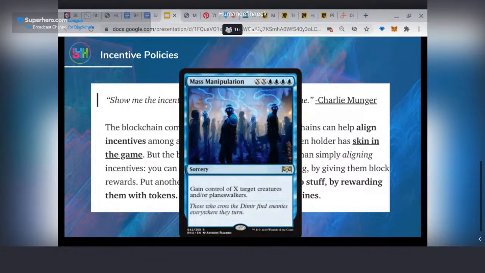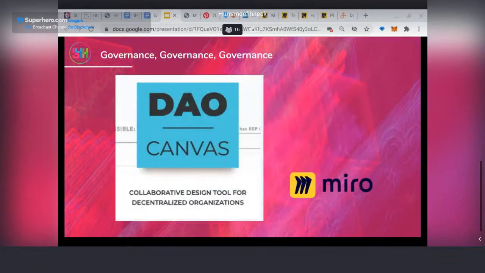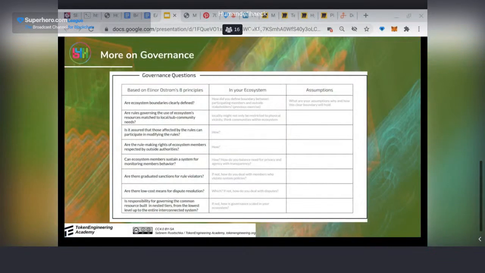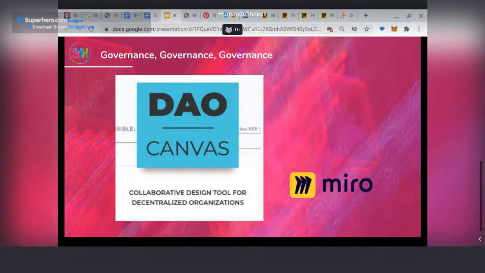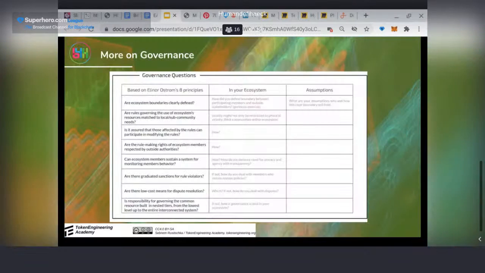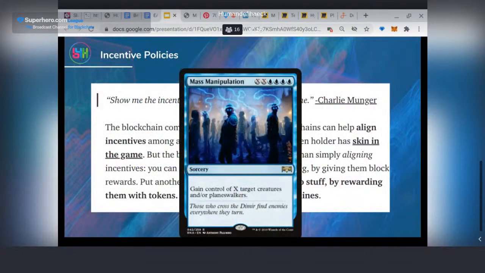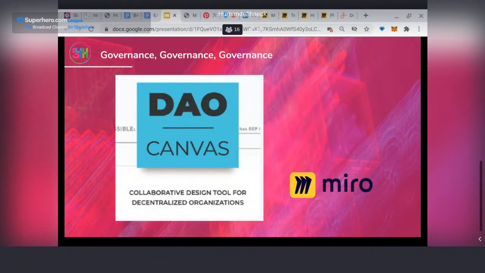One very important way to tackle that is, of course, with decentralized governance. Okay, it's all about governance.